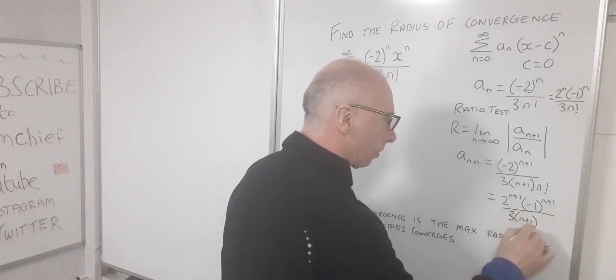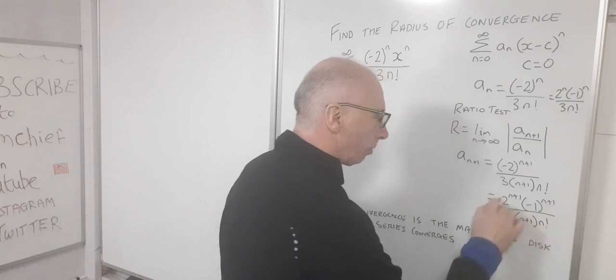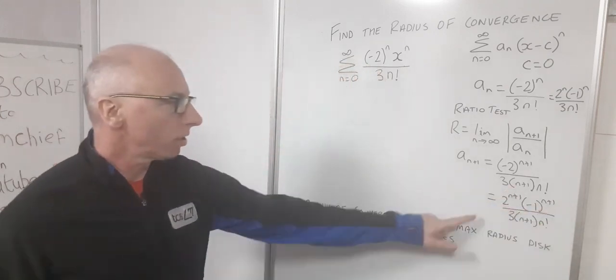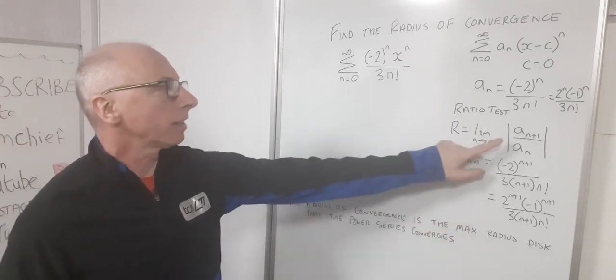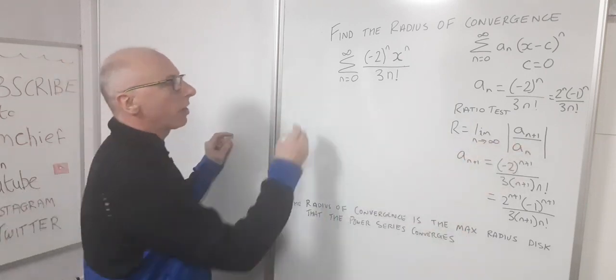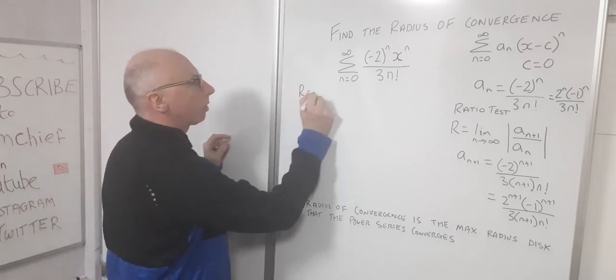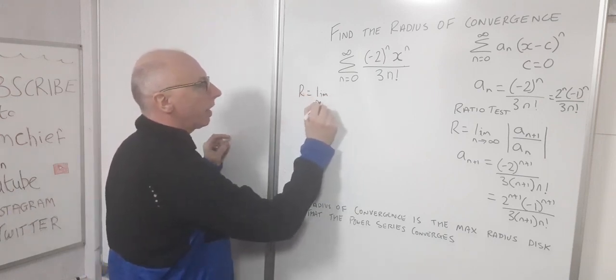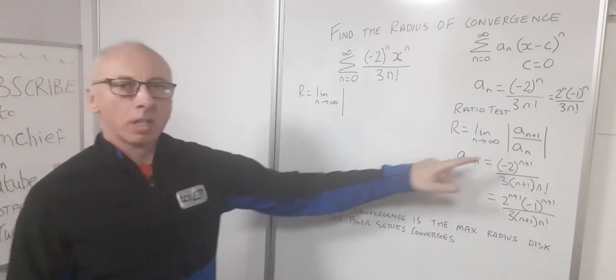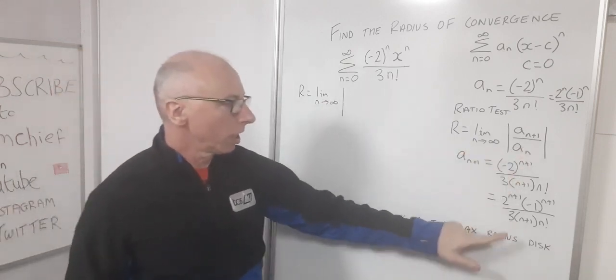Okay, now with this n plus 1th coefficient, there is still more I can do to simplify this term, so I'll do that when I plug it into my ratio test. So R equals the limit as n approaches infinity, absolute value, of my n plus 1th coefficient.